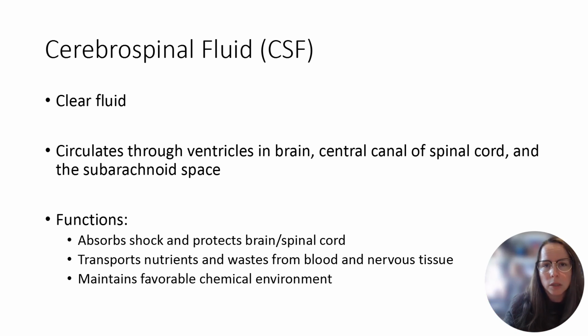And it's really, really important because it's a fluid, and fluid absorbs shock really, really well. So just everyday movements and even more traumatic movements, this fluid can help take on some of that concussive force without relaying all of it to the delicate brain and spinal cord tissues.